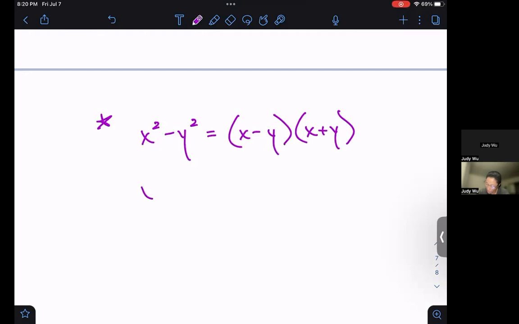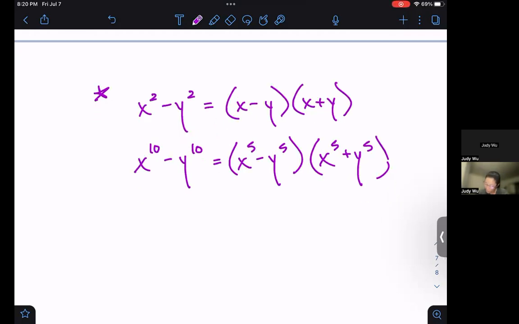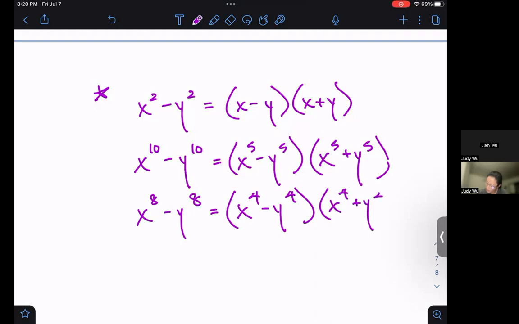So, for example, x to the 10th minus y to the 10th will factor into x to the 5th minus y to the 5th times x to the 5th plus y to the 5th. Okay. Or x to the 8th minus y to the 8th factors into x to the 4th minus y to the 4th times x to the 4th plus y to the 4th.